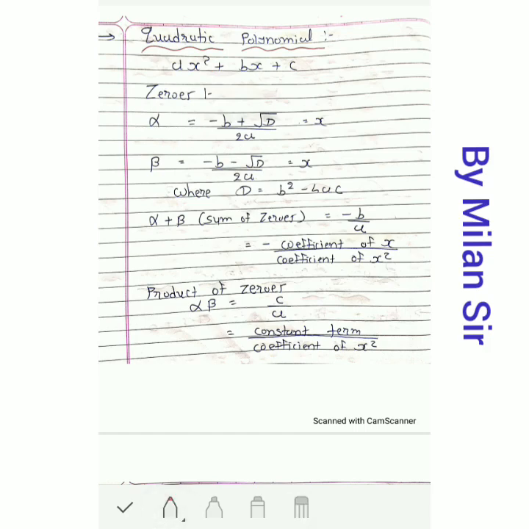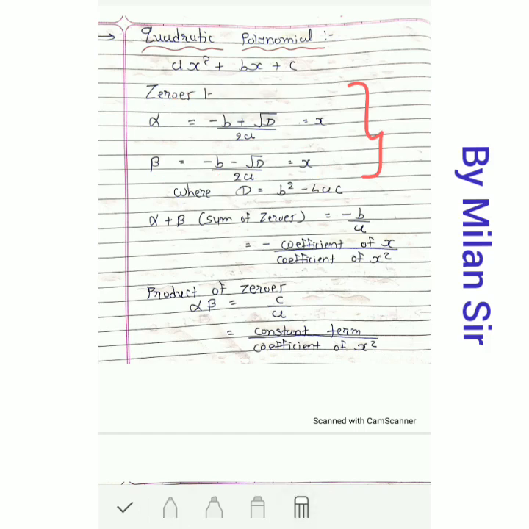In a quadratic polynomial, degree is 2, so we can get two zeros. We can find those two zeros by using this formula. The first zero is minus b plus under root d divided by 2a, and the second zero is minus b minus under root d by 2a. The first zero is named alpha and the second zero is named beta, so we do not get confused.